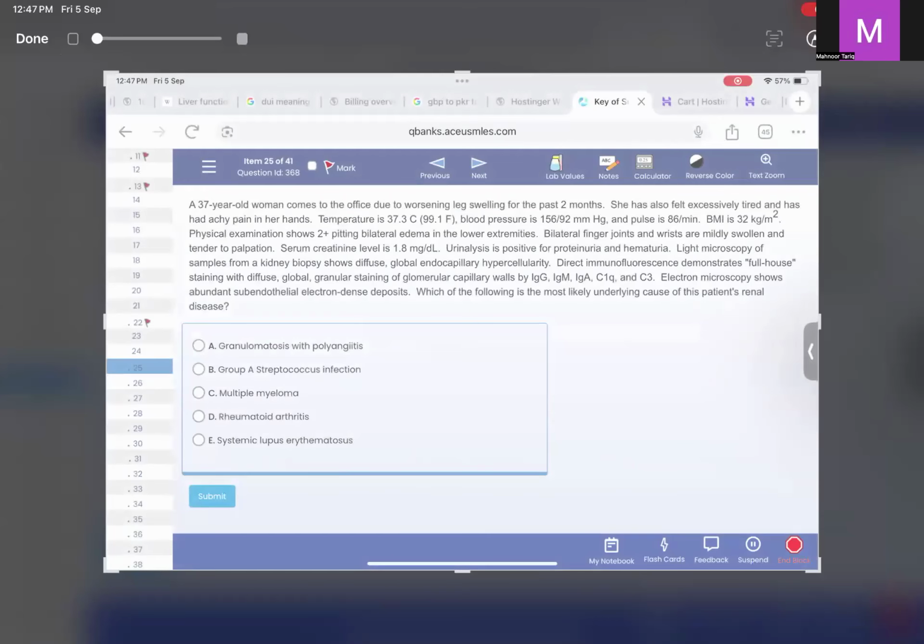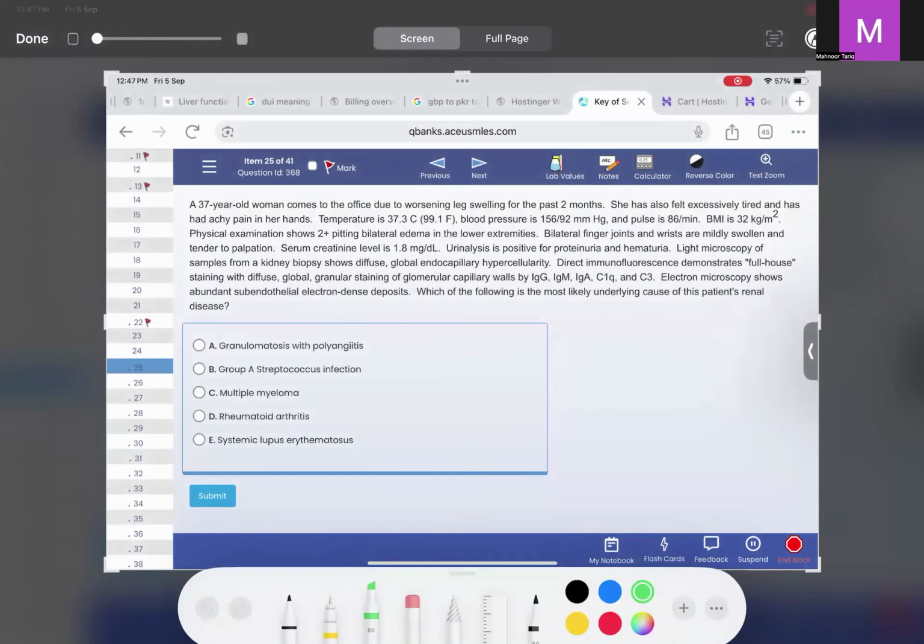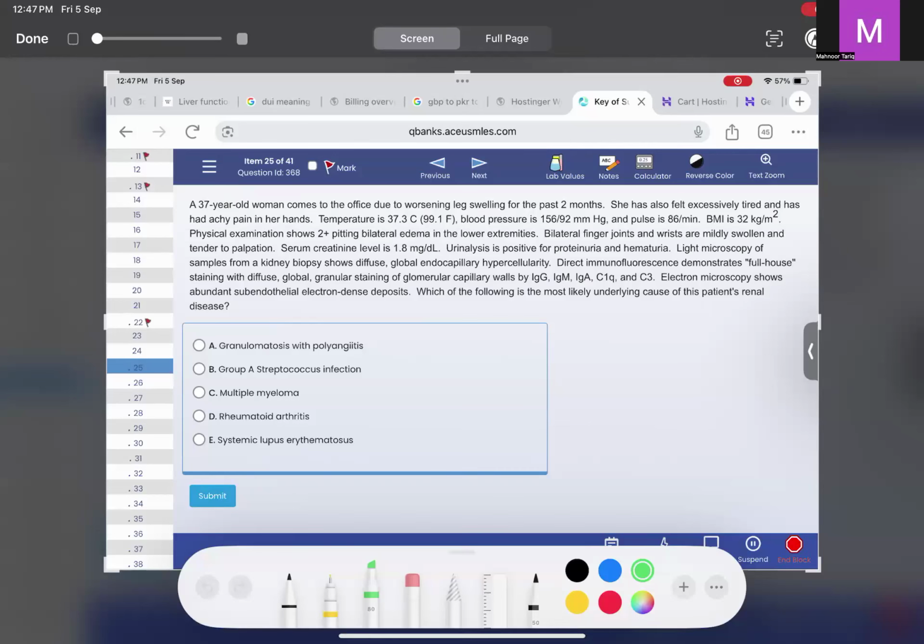we have? Full house staining, and then we also have subendothelial deposits. We have nephritic range proteinuria with hematuria, and we are leading towards the diffuse proliferative, right? That is common in SLE. Diffuse global endocapillary hypercellularity, so what is it?